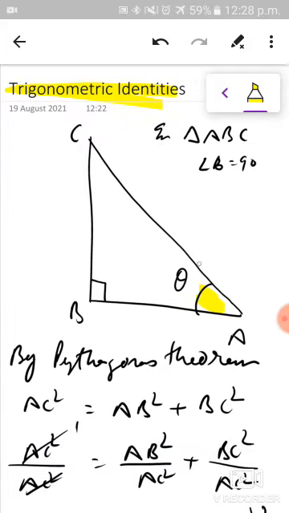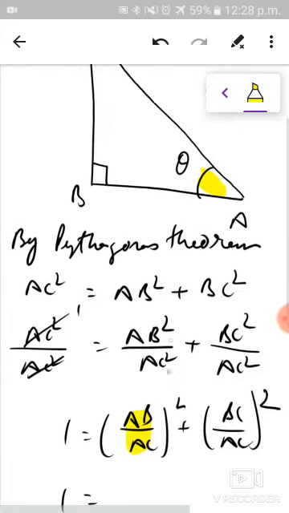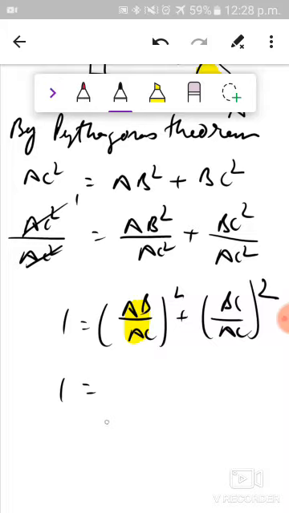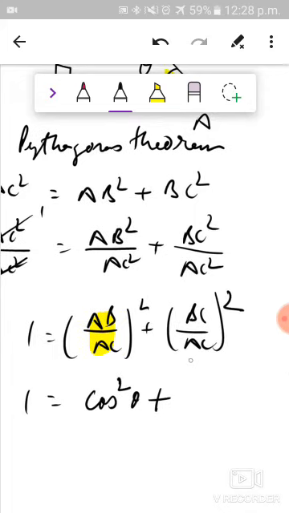So we know that the ratio of base and hypotenuse is known as cos. So we can write here cos square theta, that is AB by AC whole square, plus BC by AC.